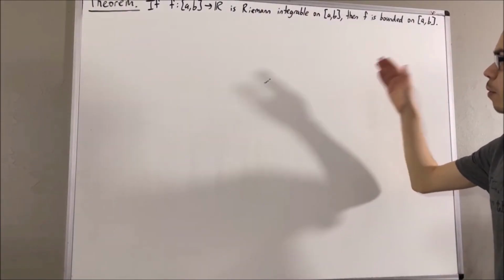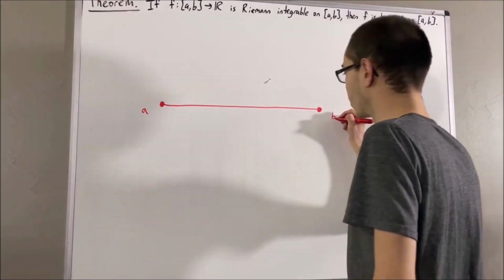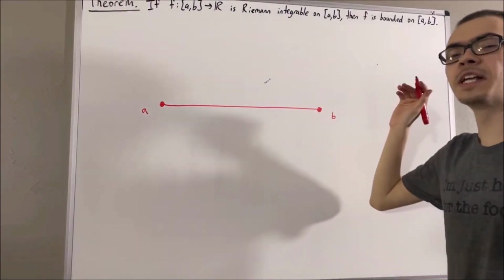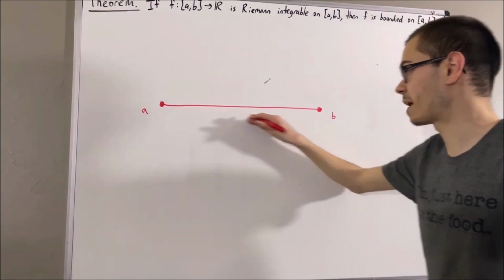Let's consider our closed interval [a, b]. Well then, a partition of [a, b] is a collection of non-overlapping closed intervals whose union is [a, b].